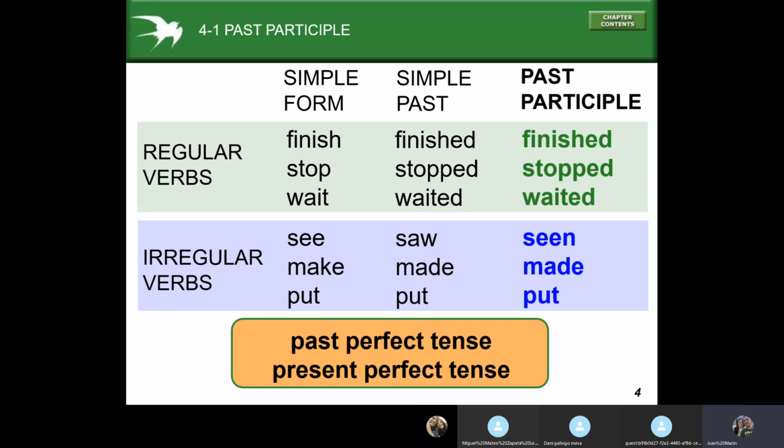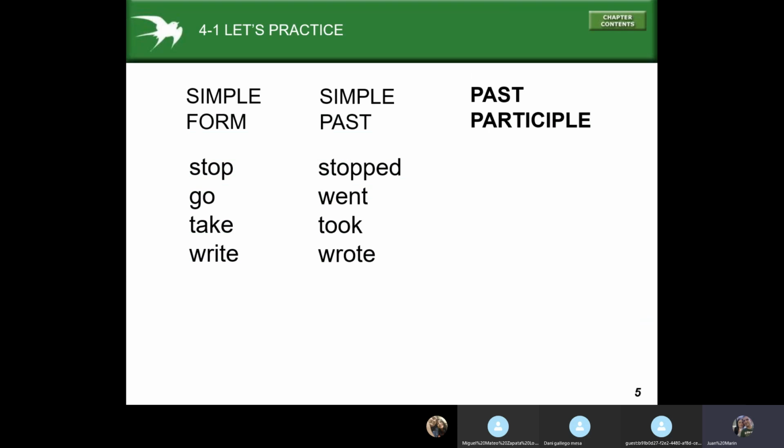In both cases, we use the past participle of the verbs, in the present perfect and the past perfect. Okay, what about these words? Stop. The simple past is stopped, go, went, take, took, write, wrote.